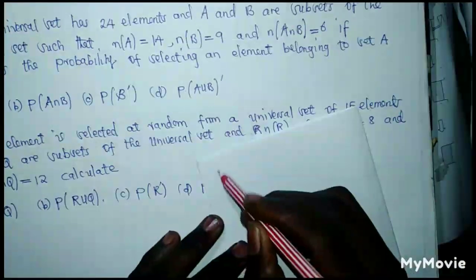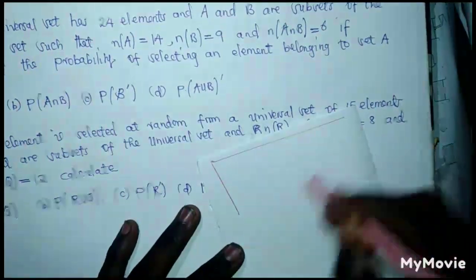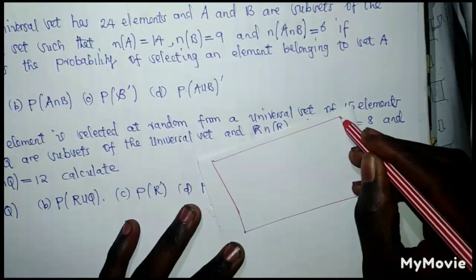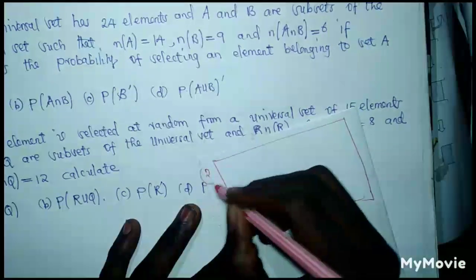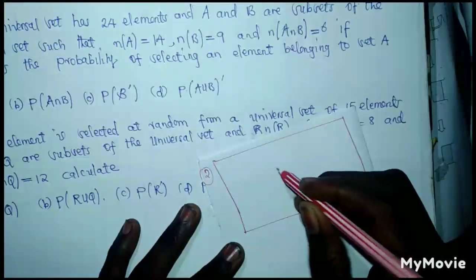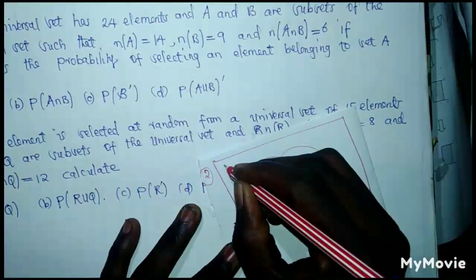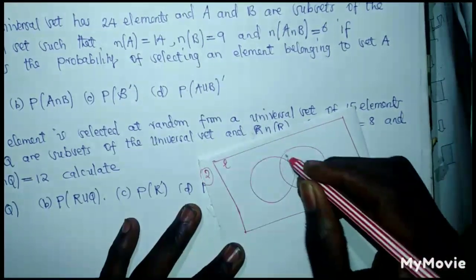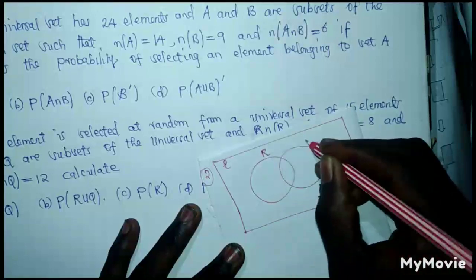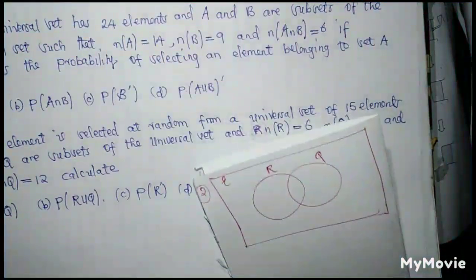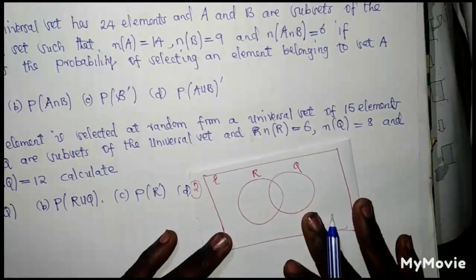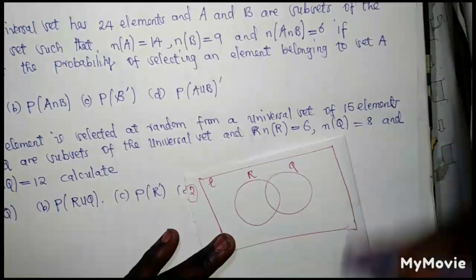Okay, I'm going to say this is our universal set and this is our Venn diagram. So we have the subsets in our Venn diagram. We have the subsets R and Q. These are our subsets. And then we have the total number of elements here.